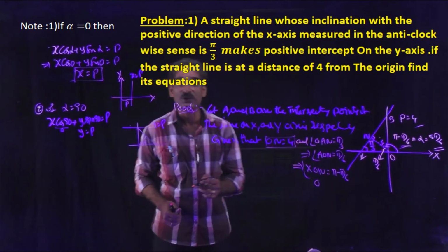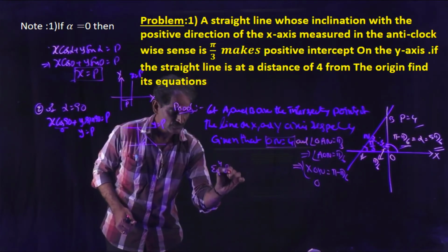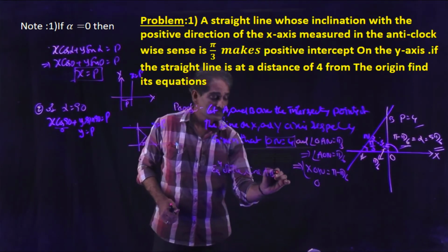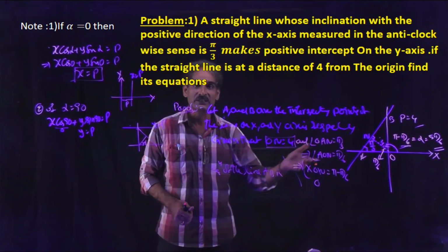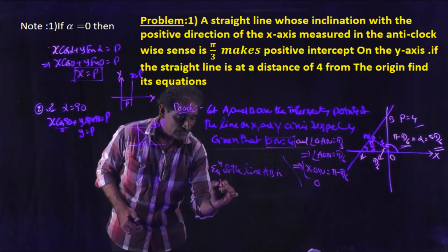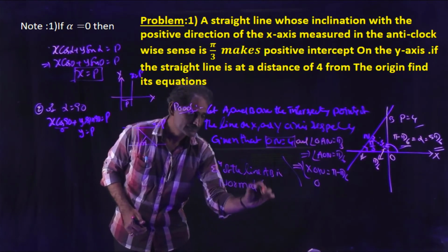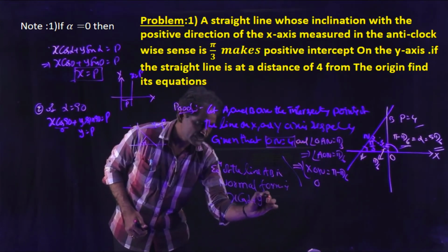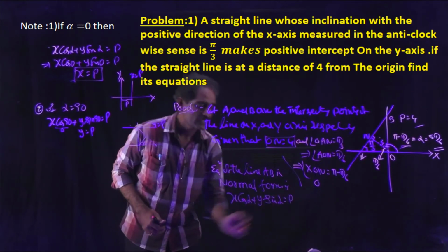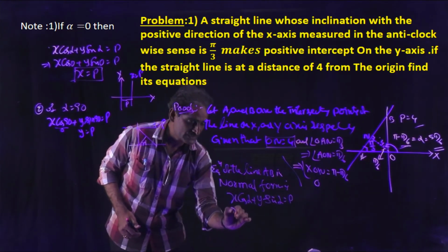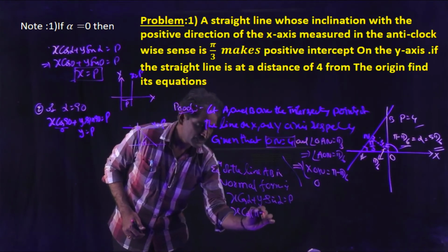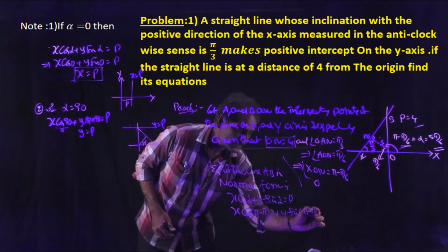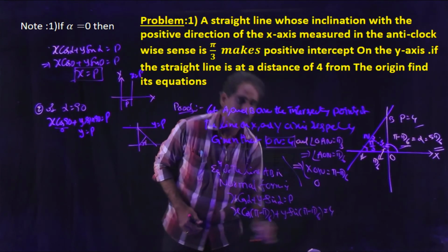So now the equation of the line AB in normal form is x cos alpha plus y sin alpha is equal to P. Here alpha is equal to pi minus pi by 6. That means x cos(pi minus pi by 6) plus y sin(pi minus pi by 6) is equal to P. P is equal to 4.